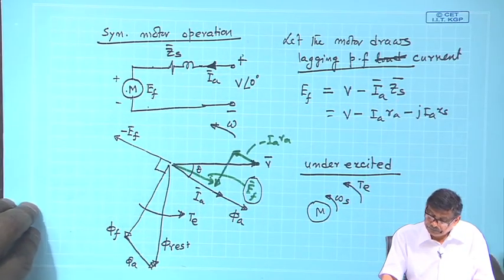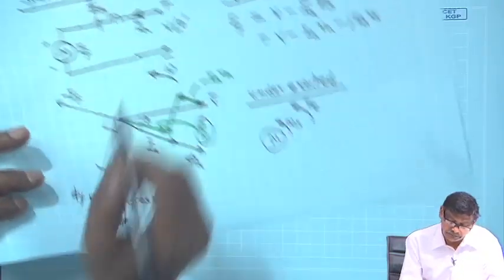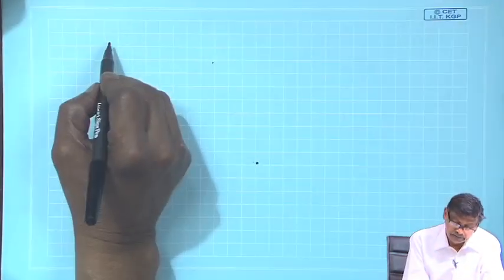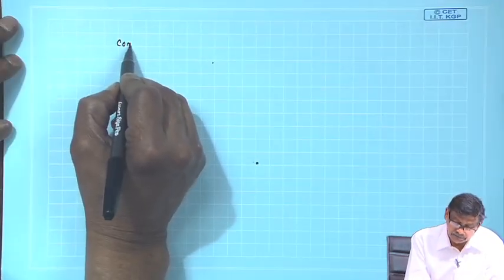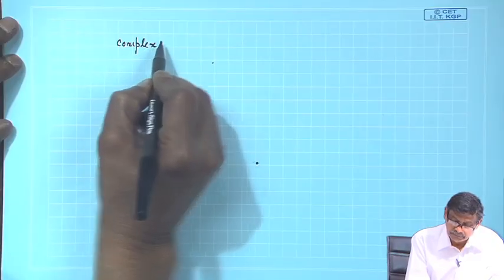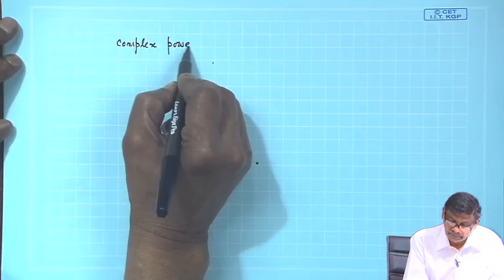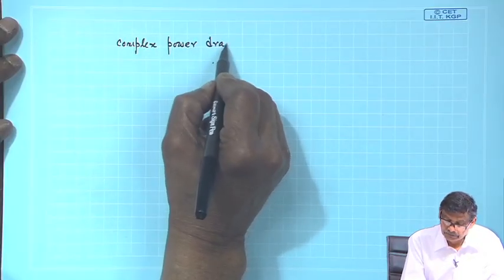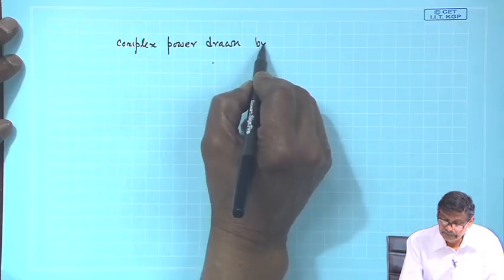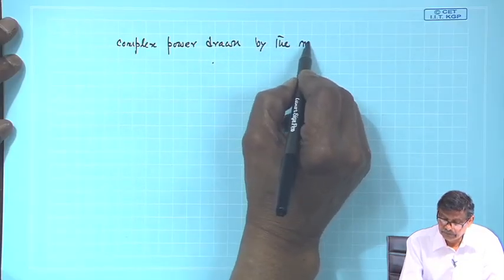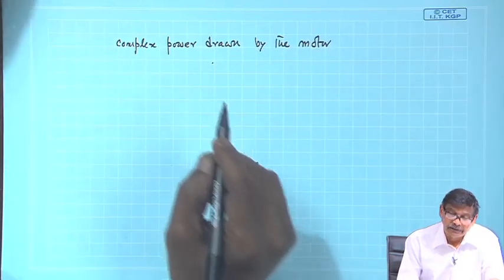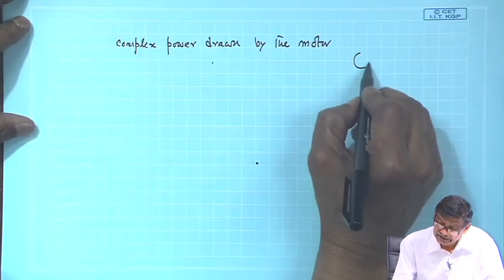So, in this case, once again I can find out the total complex power drawn by the motor. I will draw it here once again.